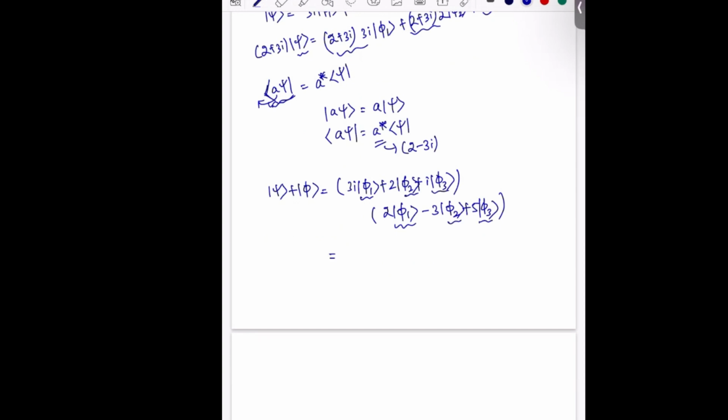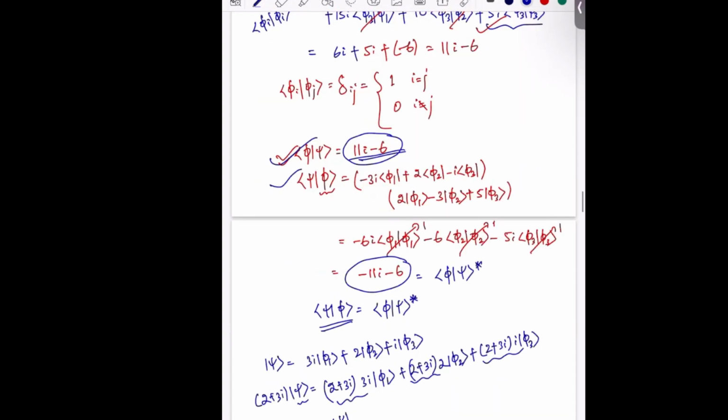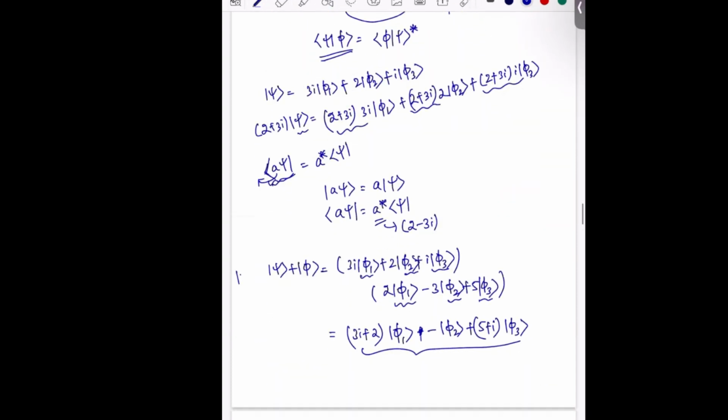Then you get (3i plus 2) phi 1, plus, I think it will be minus phi 2, plus (5 plus i) phi 3. Okay, this is the final form of the expression for psi plus phi.